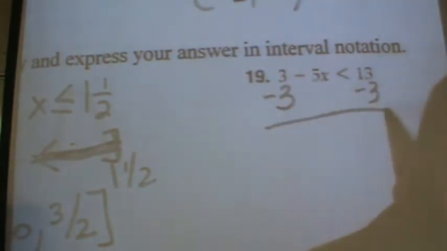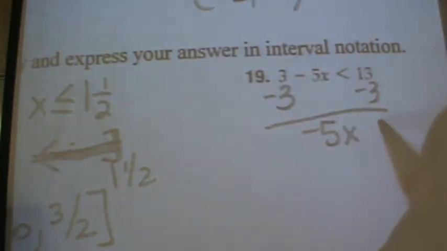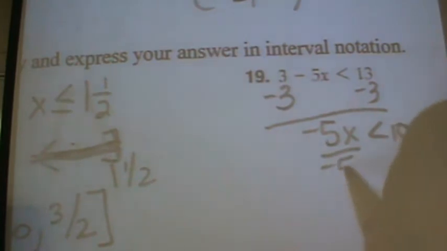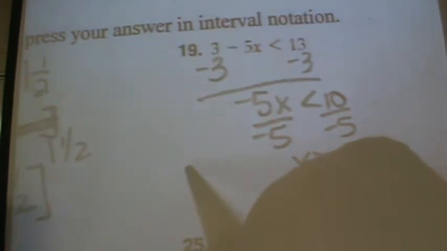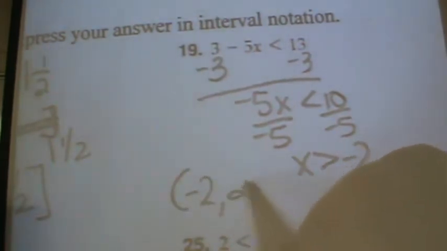And you don't have to graph these, just write them in interval notation. Subtract 3. Negative 5x is less than 10. Divide by negative 5, and you have to flip the sign. So x is greater than negative 2 would be a parenthesis at negative 2 to infinity.